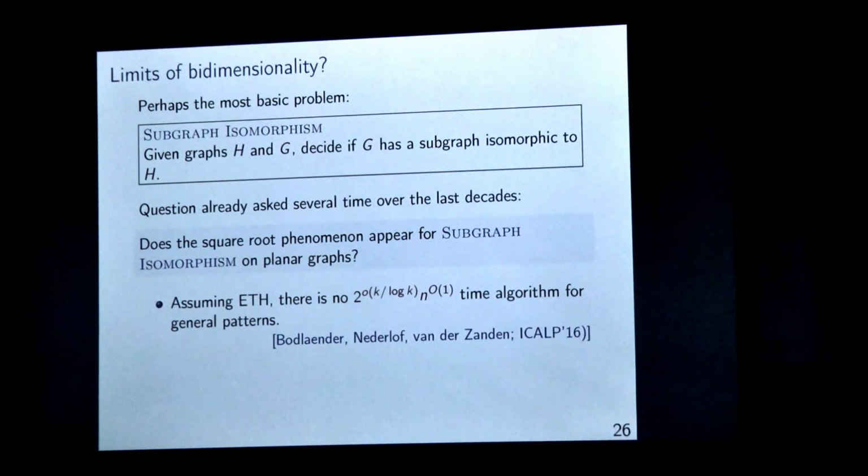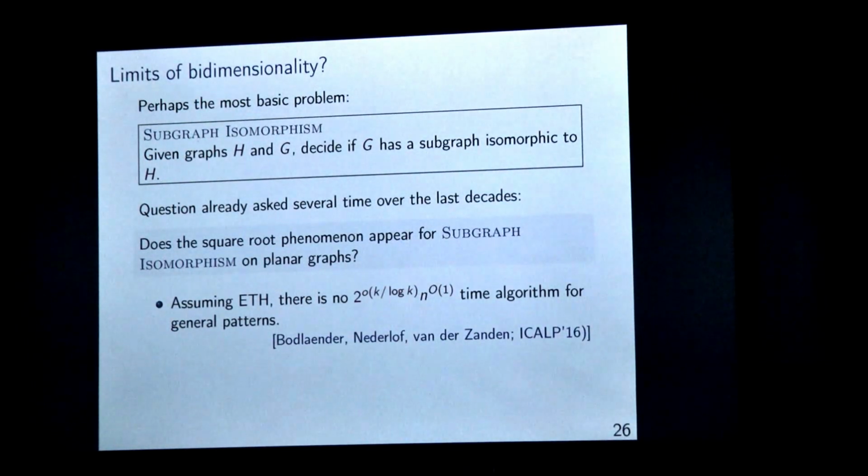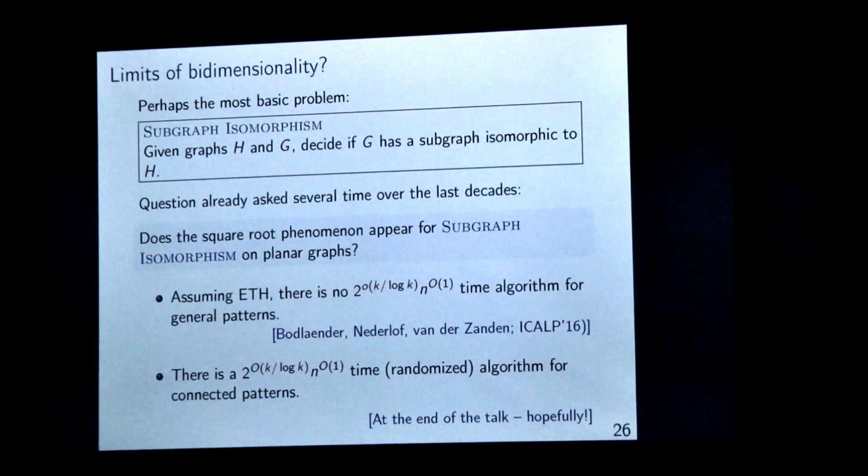So at least this is cool. It's a very cool reduction, simple, but nice. But there is a randomized algorithm which actually achieves this. So it's quite a curious kind of lower bound and upper bound. You cannot have little o of k divided by log k.